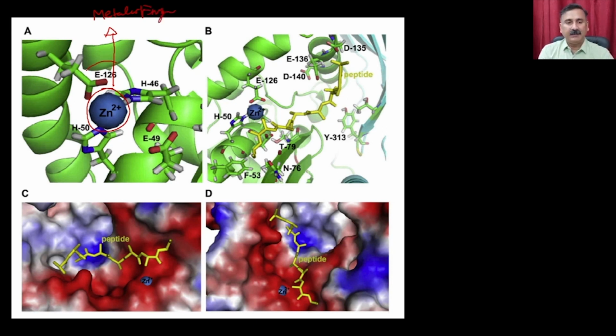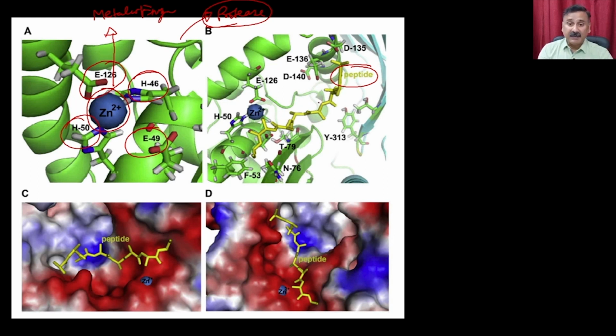Then it also has some key residues, and considering these key residues and the three-dimensional structure of the active site, what we found is that it is actually a protease. And once we knew it was a protease, we identified the peptide which fits into this particular active site and how this peptide can be cleaved.